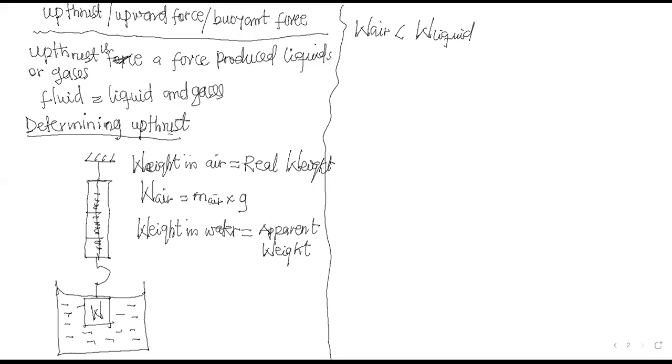Yes, Alex. Because water has a higher density than air. It's true, but it doesn't convince me as to why the difference. More views. Why is the apparent weight of the object less than its real weight? Yes, more views. Anita. Okay, Giovanni.